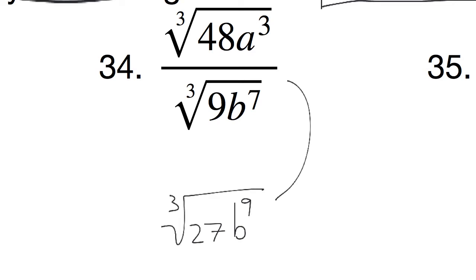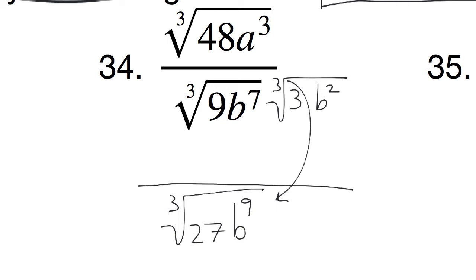So how do I get there? I'm going to have to multiply by the cube root of 3 and b squared. So I have to multiply the numerator, whatever you do to the bottom, you do to the top, by the same thing, 3b squared.